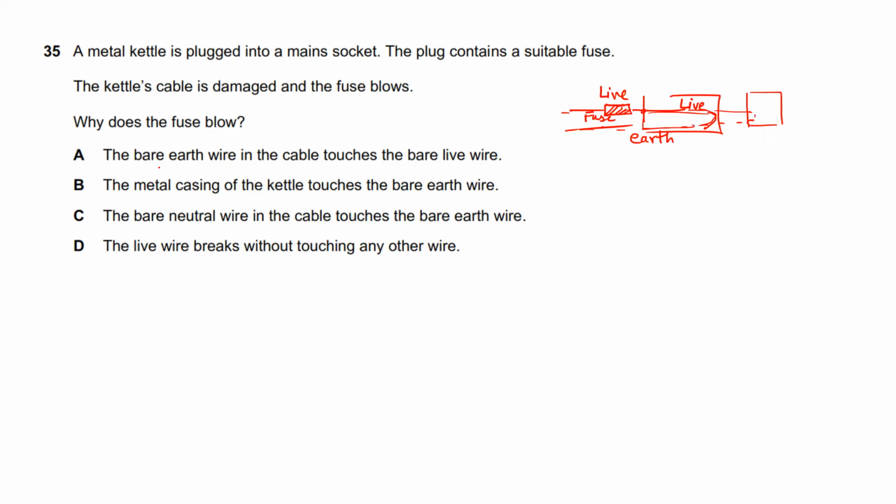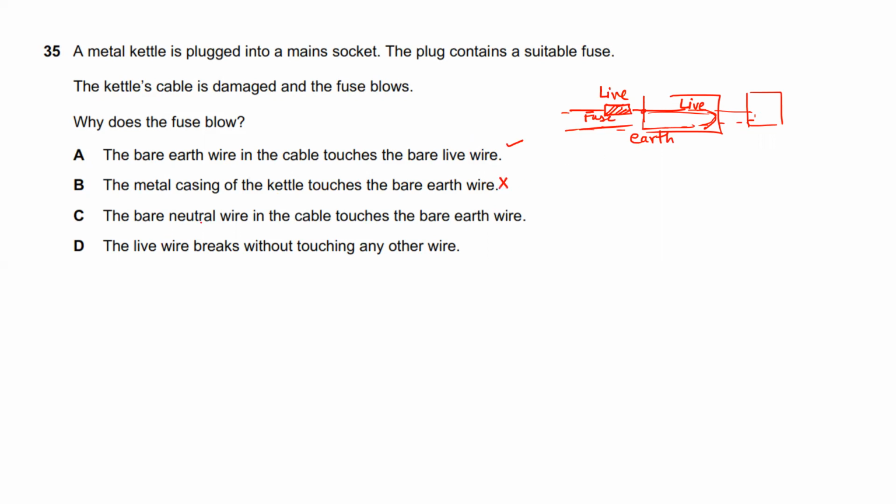So this is generally what happens. So let's see. The bare earth wire in the cable touches the bare live wire. Yes, it can be, it looks like a good option to us. It says the metal casing of the kettle touches the bare earth wire. The metal case is actually isolated, else in the worst case, if a person touches it, it becomes dangerous.